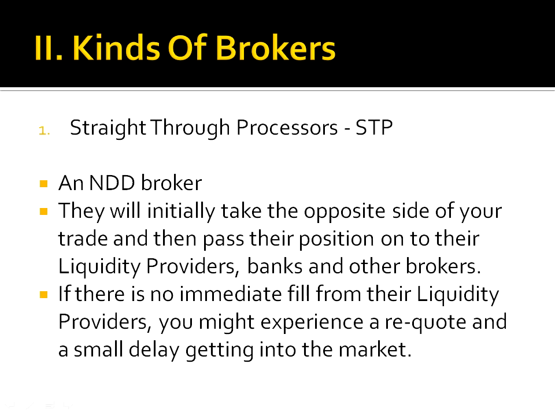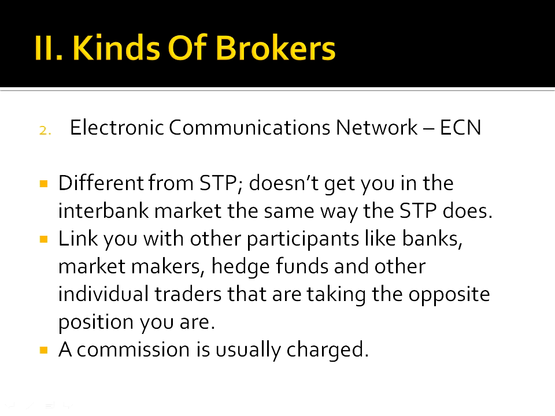The first, the straight-through processors, STP, they're a non-dealing desk broker, and they will initially take the opposite side of your trade and then pass that position onto their liquidity providers, the banks and brokers and things like this. If there is no immediate fill from their liquidity providers, you might experience a requote or a small delay in getting into the market.